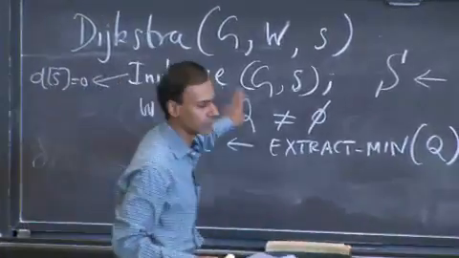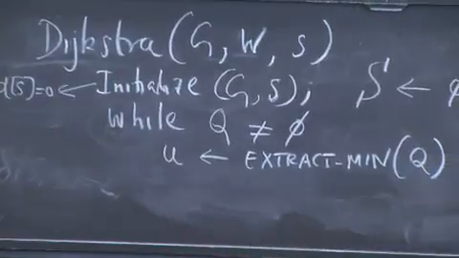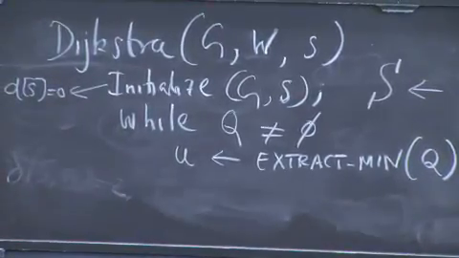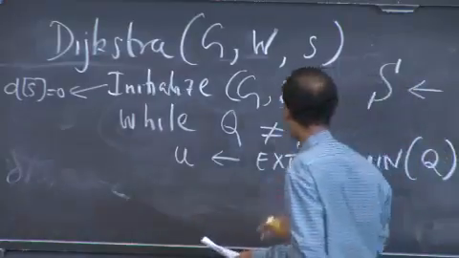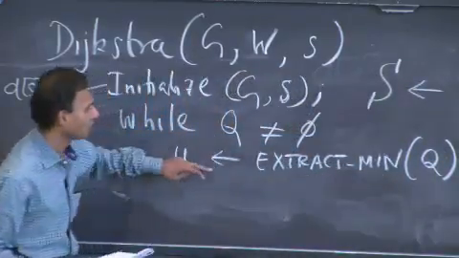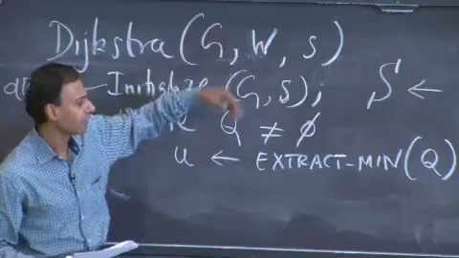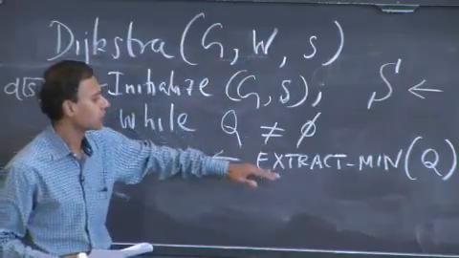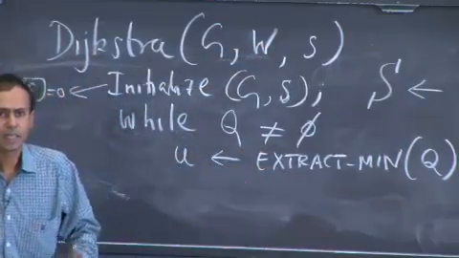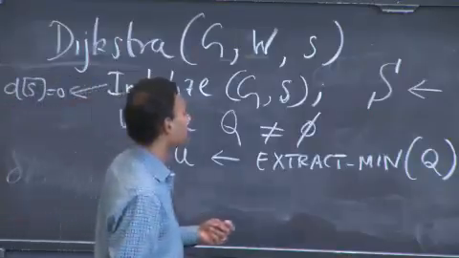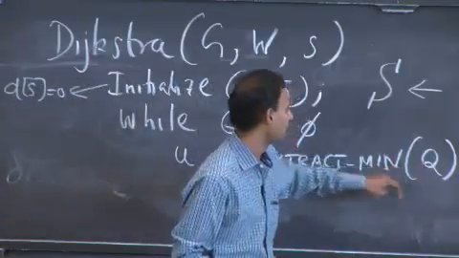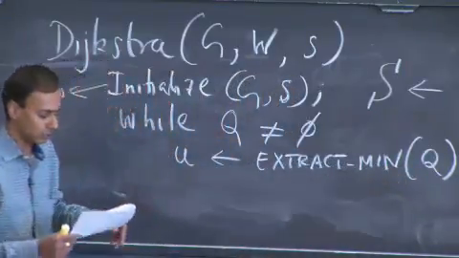That's all this initialization does, because that's all we know. We have a starting vertex, and we know that the shortest path to the starting vertex from the starting vertex is 0. So all that means is that all of the other ones have infinity values. So at this very first step, it makes sense that extract min Q is going to pull the starting vertex small s out and is going to assign it to this u value.